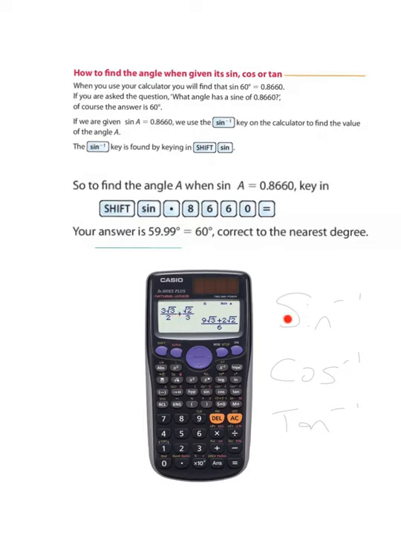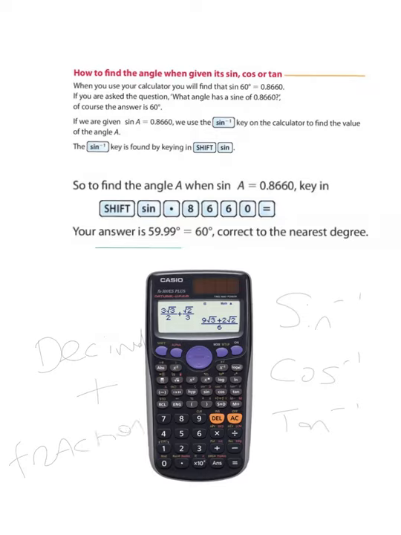So to get the inverse of either sine, cos or tan, you must press the shift button first. So for inverse sine, it's shift sine. For inverse cos, it would be shift cos. And for inverse tan, it would be shift tan. So you only use the inverse button if they give you the trig ratio in decimal or fraction form, okay?